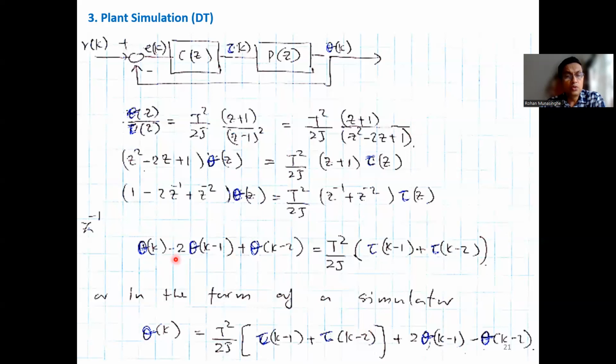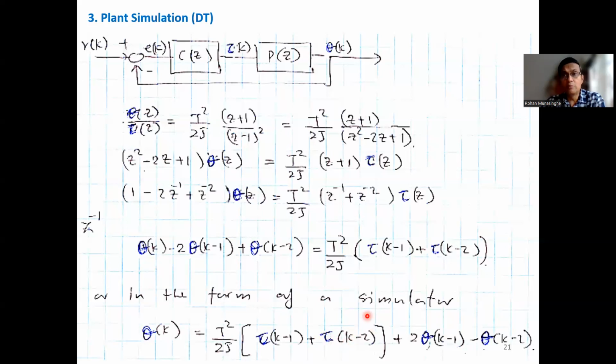So now if you want to calculate theta K, this is a simulation. You can take the other two terms on the left-hand side to the right-hand side, and what you have is a very nice difference equation. You start with your position, theta K minus 2, I set it to 0, theta K minus 1, set it to 0, and tau K minus 2, set it to 0.